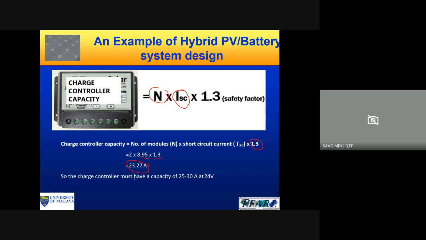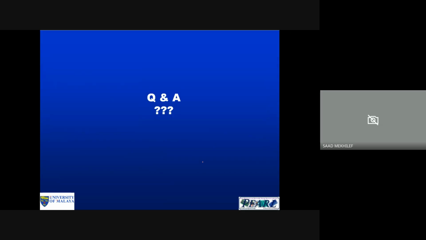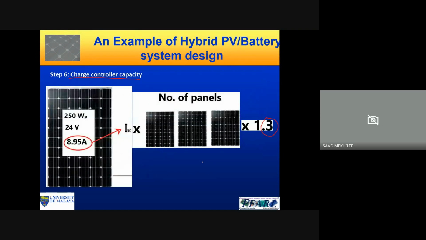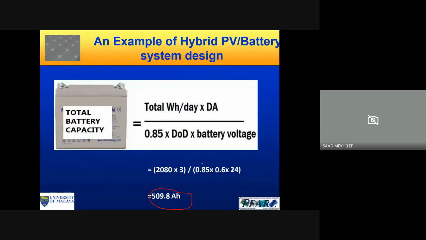The charge controller must have a capacity of between 25 to 30 amperes at 24 volts. So we know the inverter, the charge controller, the battery, and the PV panel. Now it's ready to design the system. Any questions for this example?